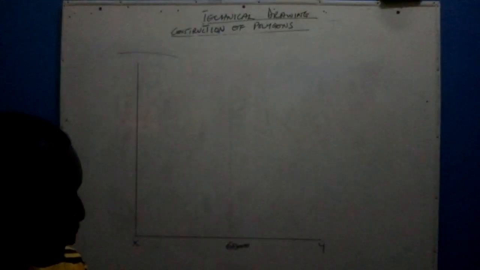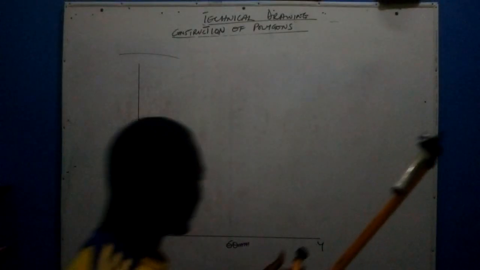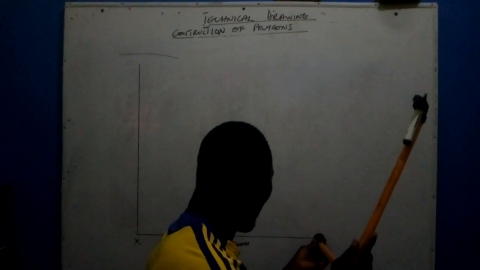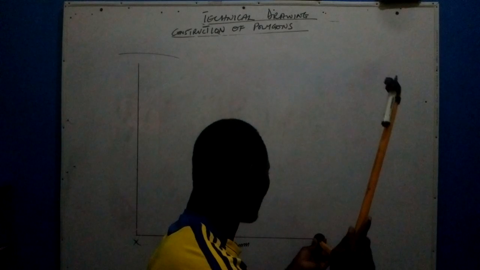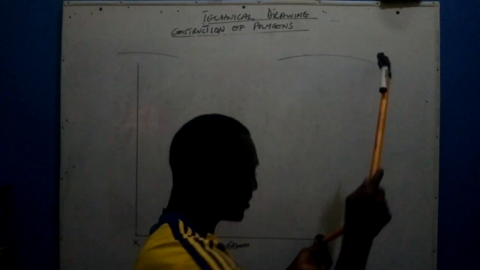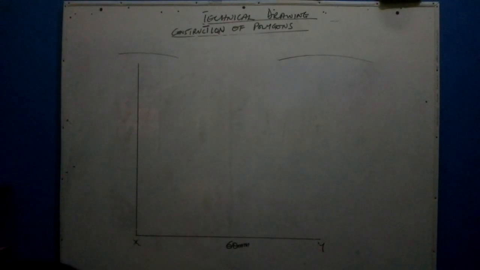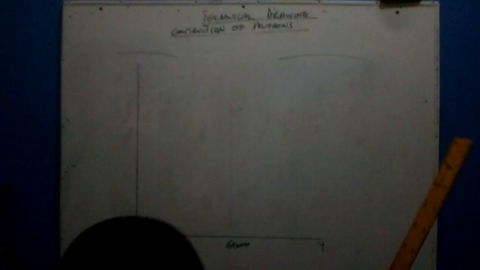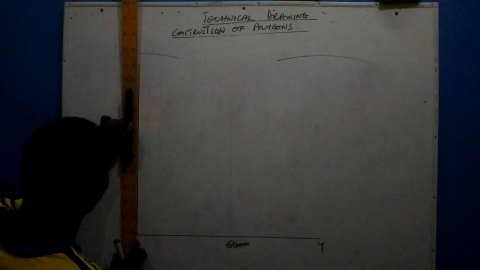And here, I will stand on the same point Y and do the same thing. Then I need to extend the line which I drew to cut the arc.